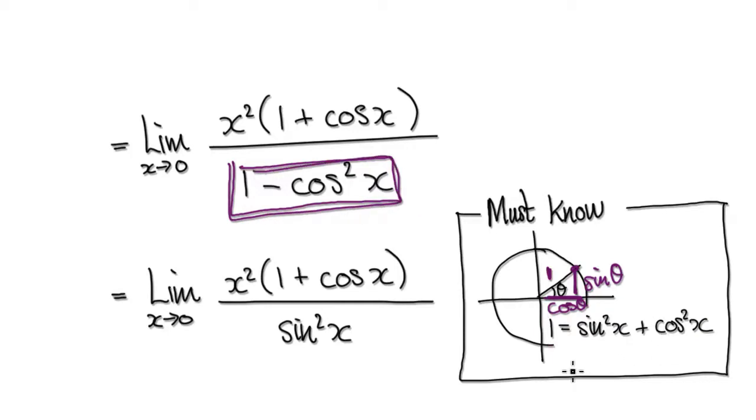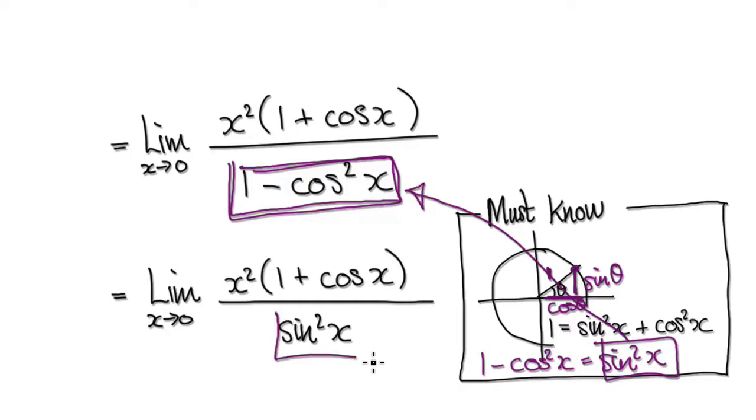Well, if you minus cos squared from both sides, that would be 1 minus cos squared x equals sine squared x. So notice that this is exactly the same as this. So we can put sine squared into this block here. That will then give us this.